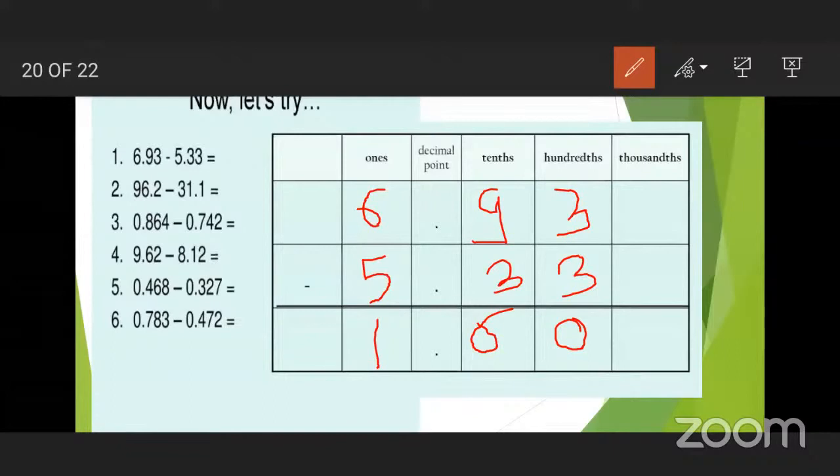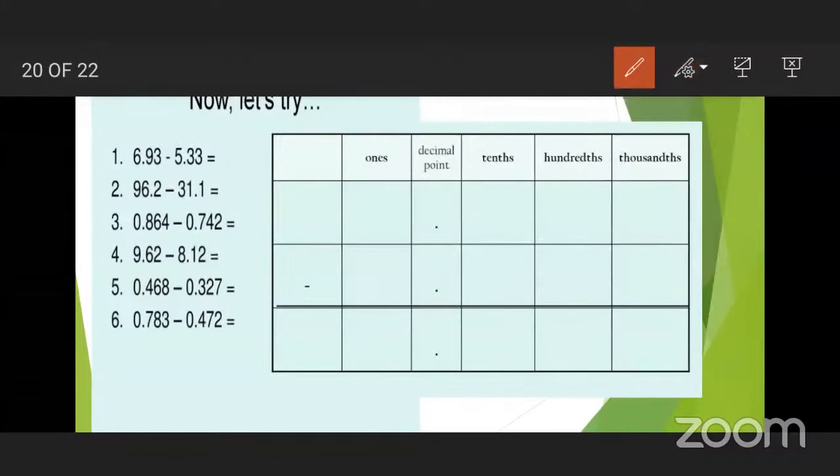Now this one is done. Now solve the second one. Who will read it? 96.2 minus 31.1. 2 minus 1 is 1. 6 minus 1 is 5. 9 minus 3 is 6.